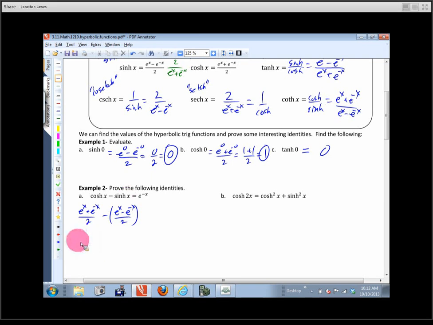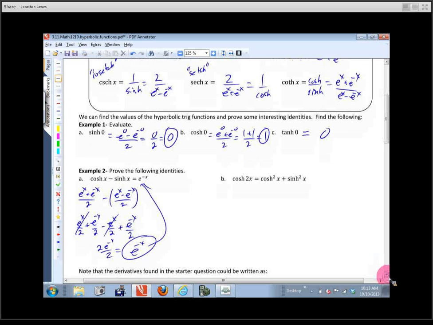So this would be e to the x over 2 plus e to the negative x over 2. This is minus e to the x over 2. And this would be plus e to the negative x over 2. Those two cancel. I have 2 of these, so that means I have 2 e to the negative x over 2, which is e to the negative x. And there we go.